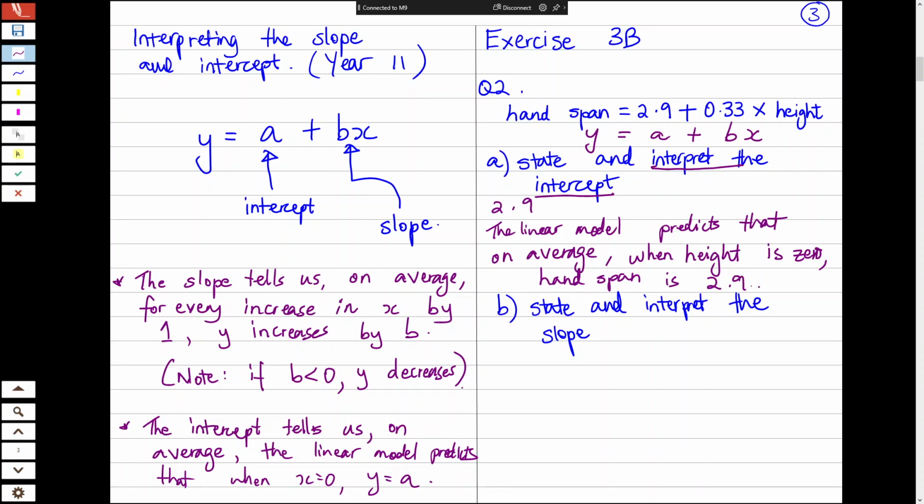Is that okay? So even though I've written x and y here, you want to drop in the words from the equation. Okay. When I marked the year 11 exams last year, most people left this blank. So that suggests to me that I didn't teach it very well last year.